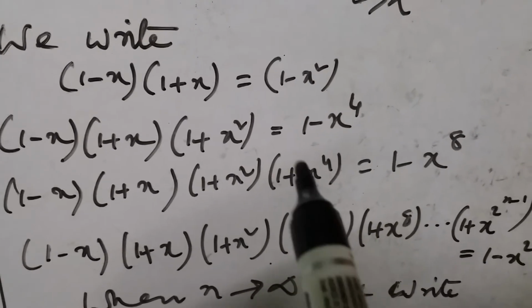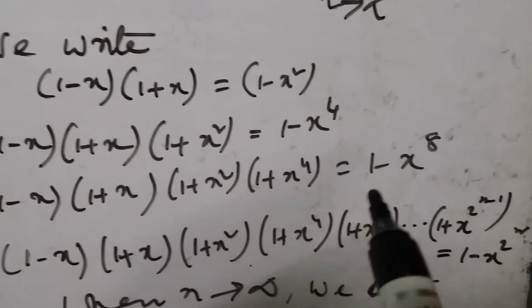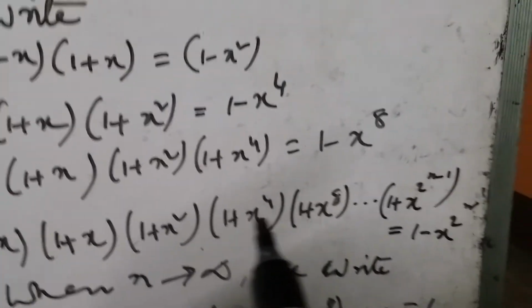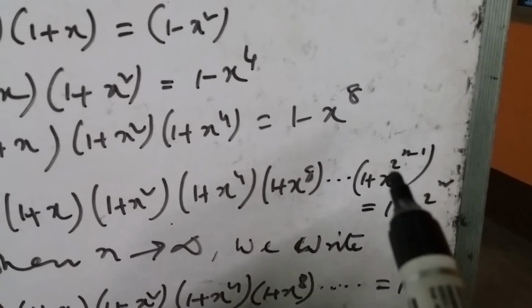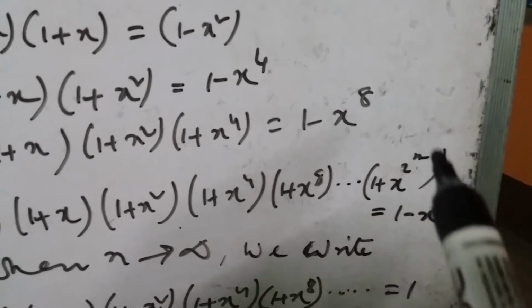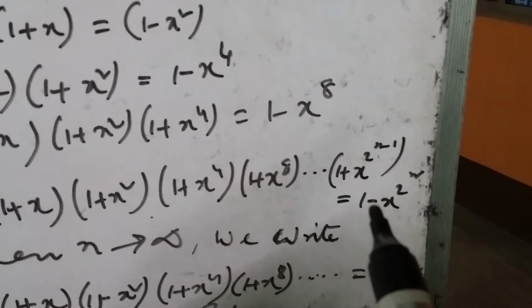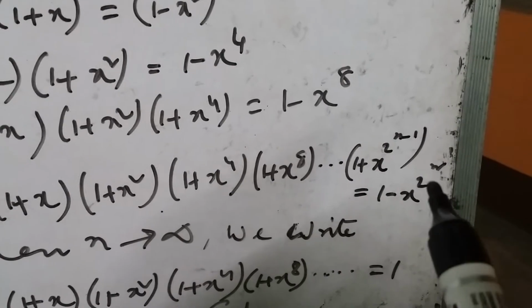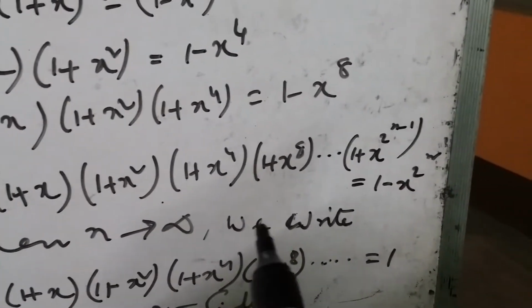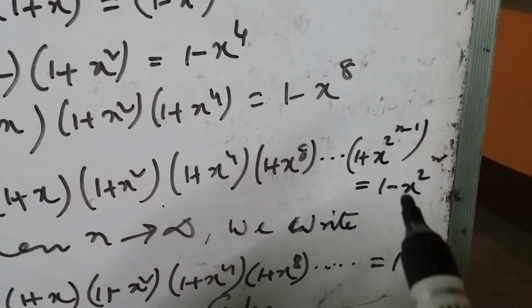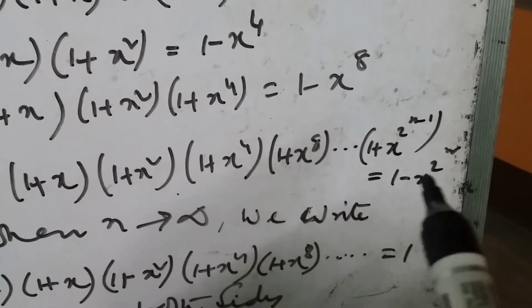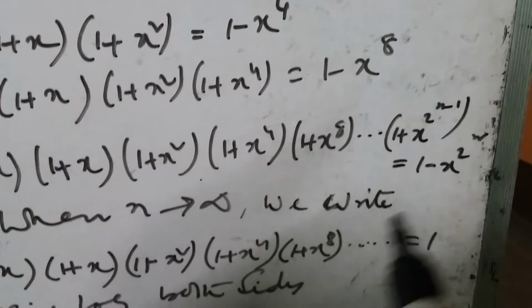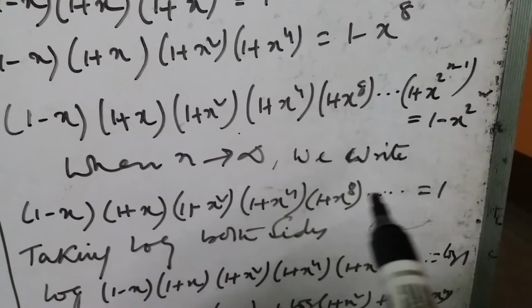If we put 1 plus x4, then 1 minus x8. In this way, if you write this up to the last 1 plus x to the power 2 to the n minus 1, and you multiply, you get 1 minus x to the power 2 to the n. When n tends to infinity, x to the power 2 to the n will be 0, because x is a fraction, so you can write this.